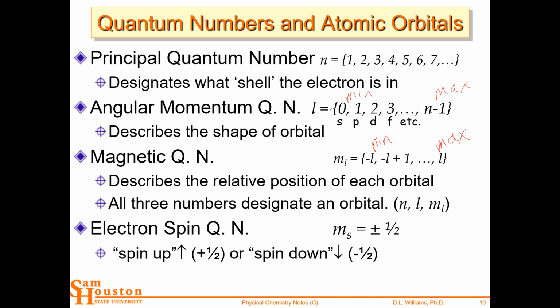And then finally we have the electron spin quantum number, m sub s, and that's equal to plus or minus a half. This is the intrinsic spin that they've given the electron. It's kind of unfortunate that they use the term spin, because a spinning charge implies a radius, and yet it's almost impossible to measure the radius of an electron. So what is actually spinning? It's called intrinsic spin because it behaves like a spinning charge.